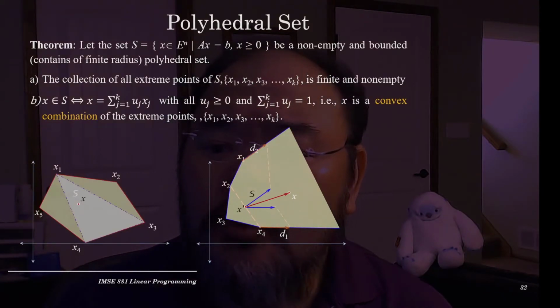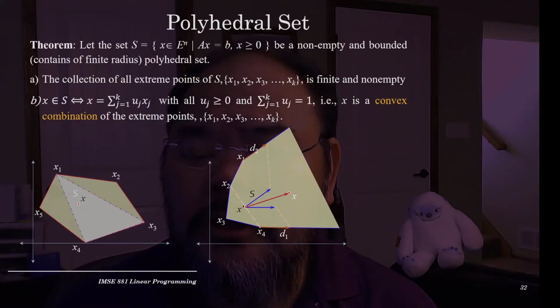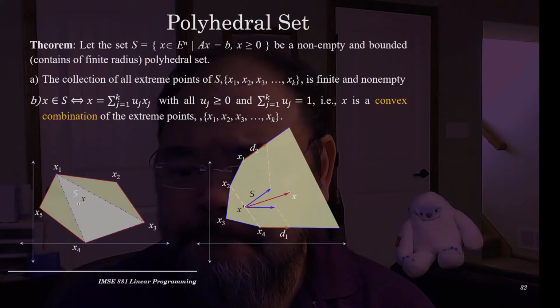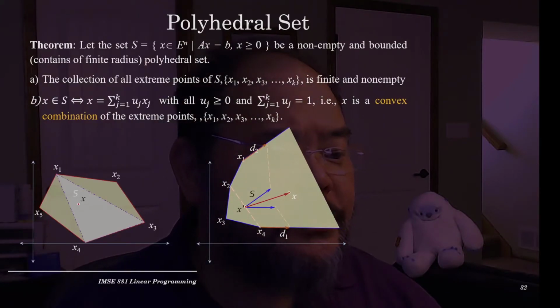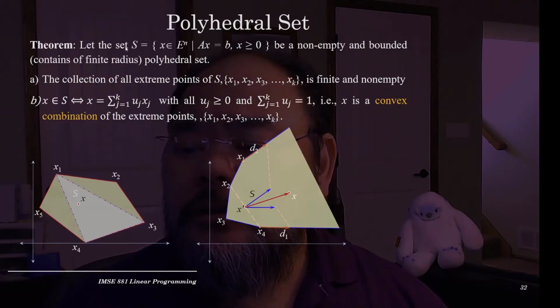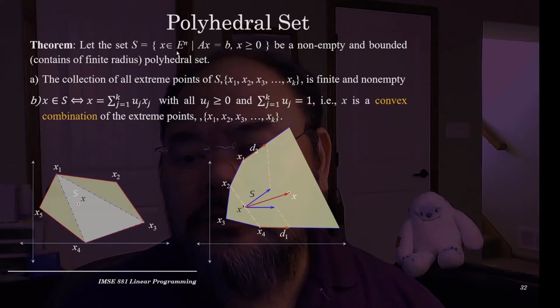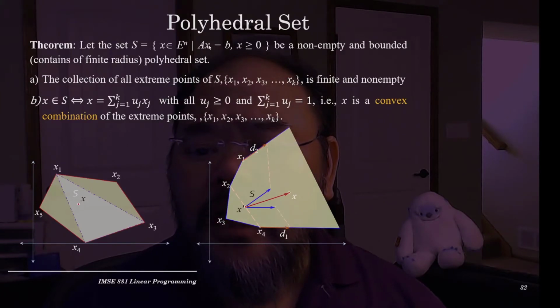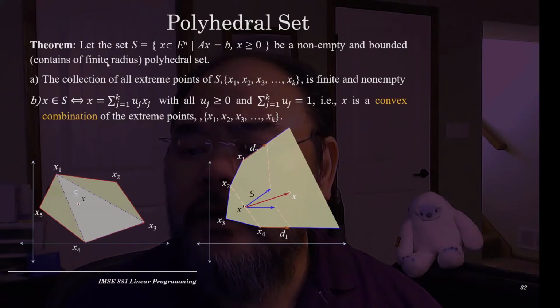Next is an important concept we call the polyhedral theory. Let's take a look at this theory. The set S defined by x belonging to n-dimensional Euclidean space, where n is the vector dimension of x, with Ax equal to b and x non-negative, is a non-empty, bounded polyhedral set.